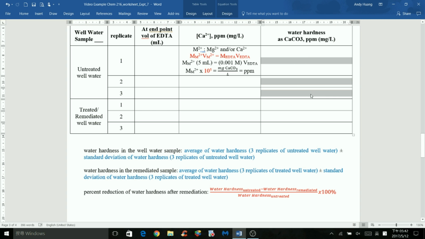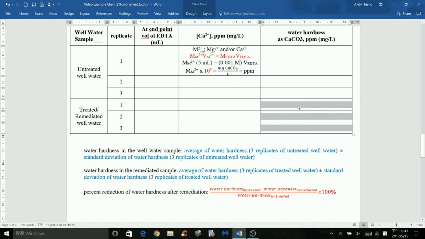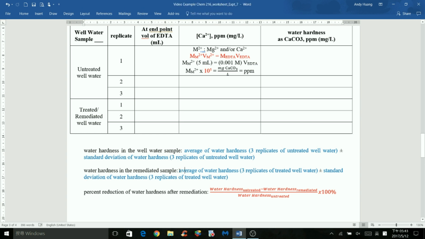So add the 3 values, divide by 3, you can get this value. And the same for the remediated sample. You end up with 3 values here, add them together, divide by 3, and you should be able to get an average of water hardness for the 3 replicates of treated or remediated well water.